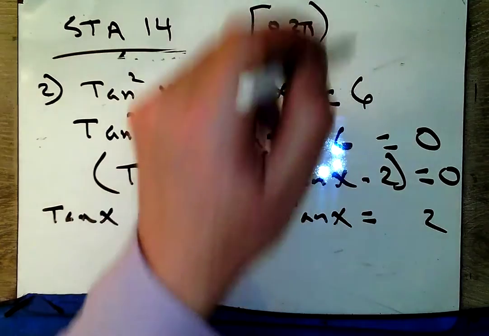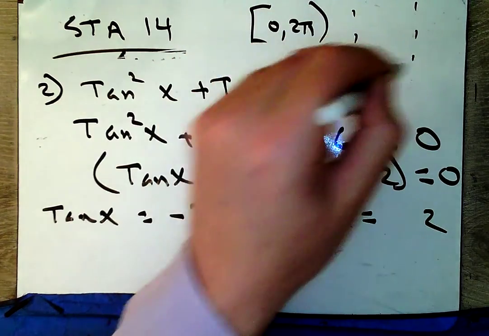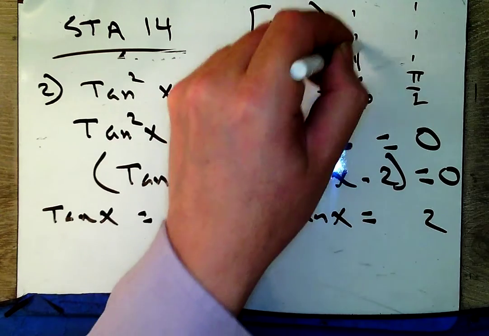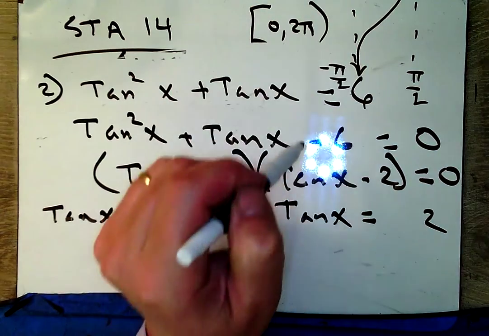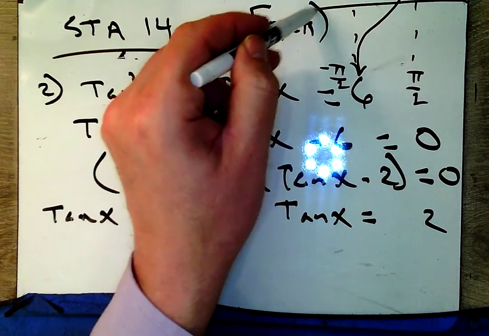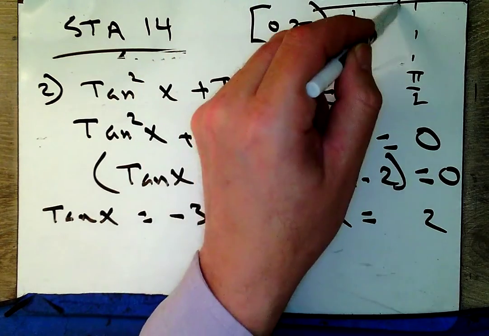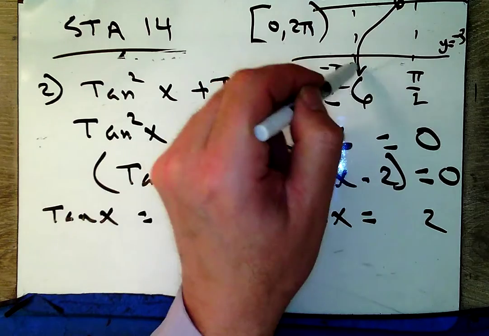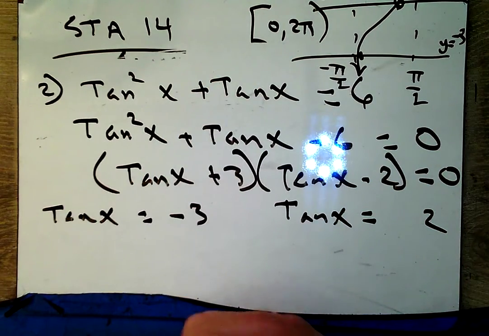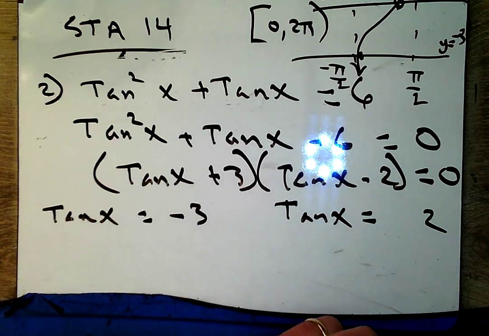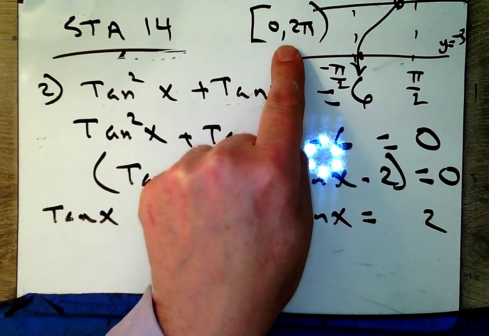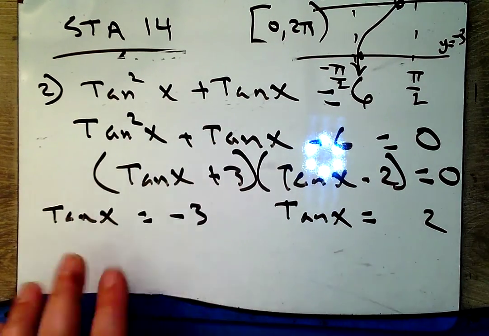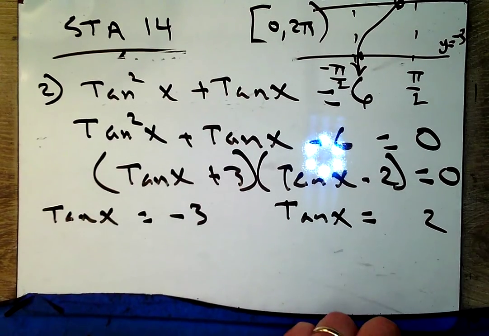Now, what I do know is I do know the graph of tangent. And I do see that in even just one period of tangent, I'm going to have y equals 2, a point of intersection, and y equals negative 3, a point of intersection. Since this is 0 to 2 pi, I can fit 2 periods of tangent in there, so I expect to have 2 of these and 2 of these.